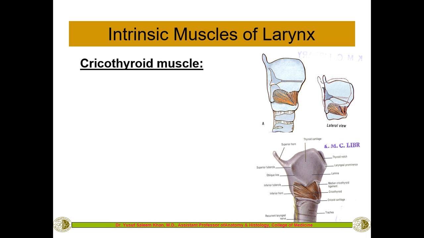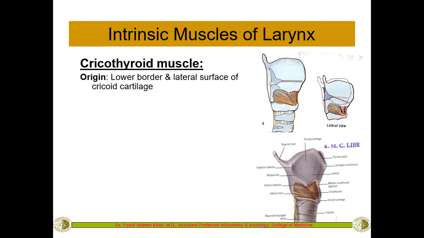Okay, so the first one we'll discuss is the cricothyroid muscle. So here you can see, this is the cricothyroid muscle. You should remember that for all the muscles of the neck, the name itself indicates a lot of things. One of the things is they indicate the origin and insertion.